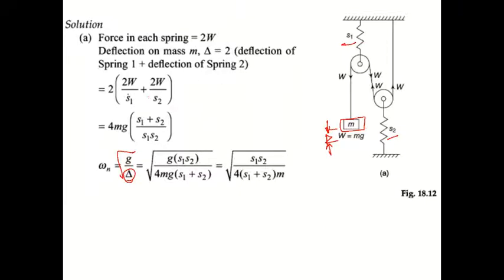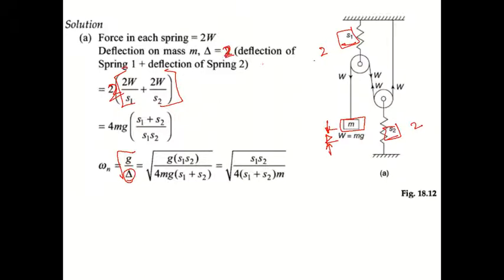That is the formula. Since 2 times the load of the mass is acting here and here, we have to multiply with 2.